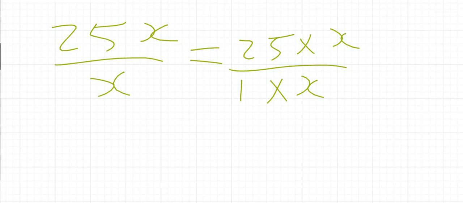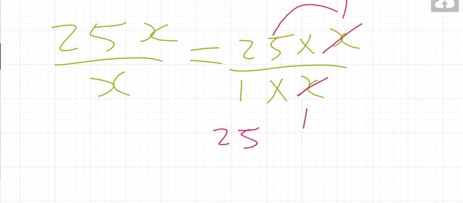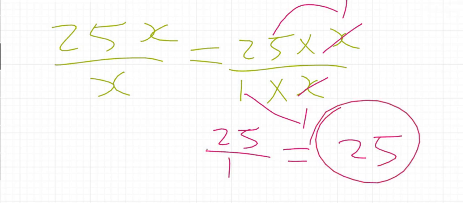So we see that the left hand side is equivalent to what is on the right hand side. So we could just go ahead and simplify. We could cancel these common variables: x in itself goes 1 time. We could say 25 times 1 gives us 25, and 1 times 1 gives us 1, which would result in 25.